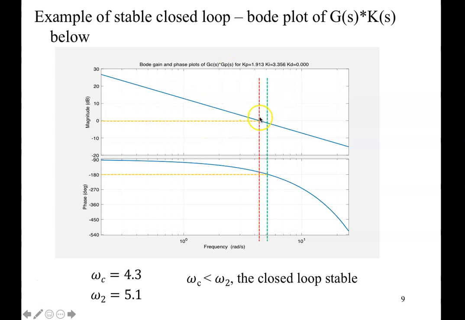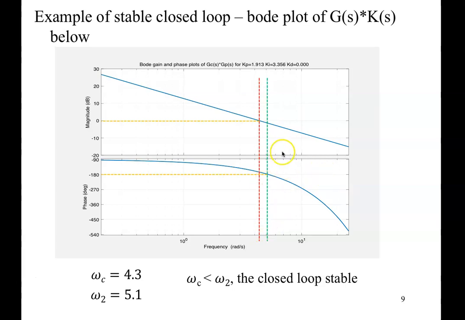Then you draw a vertical line to identify the frequency. So over here, this is my red line. This is 1, this will be 2, 3, 4, next one will be 5. So this will be 4 point something. Let's say I estimate it as 4.3. So my omega c equals 4.3.